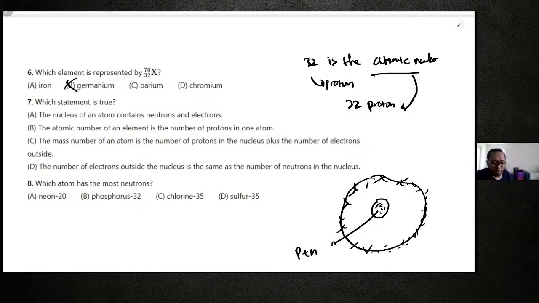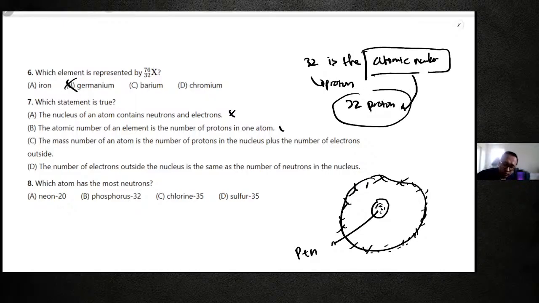So option A is incorrect. How about option B? The atomic number of an element is the number of protons in one atom. Yes, the atomic number represents the proton itself, that's good.